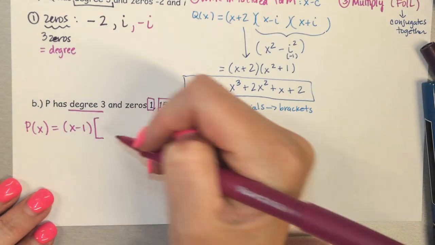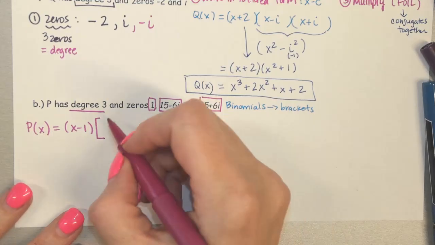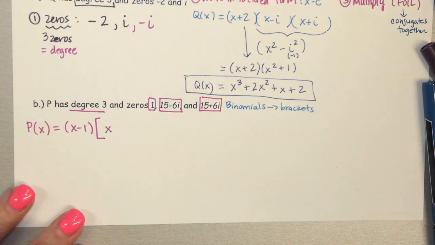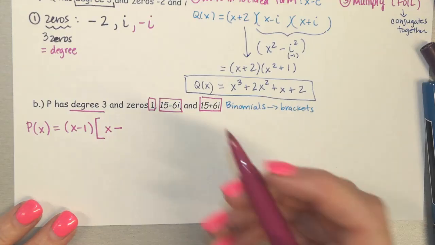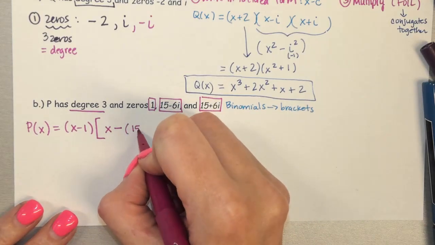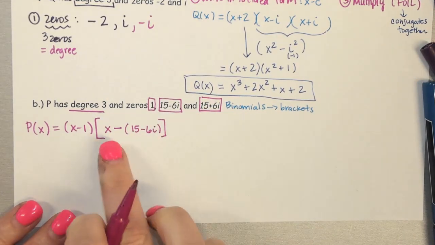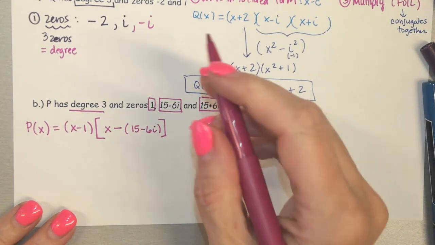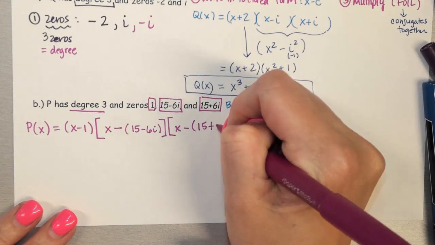And then if you are catching on pretty quickly and you want to work ahead, that is fine. So you have x, and then the form is always x minus, right? X minus your 0. Because it's a binomial, we want to put it in parentheses. So it's x minus 15 minus 6i, and then x minus 15 plus 6i.